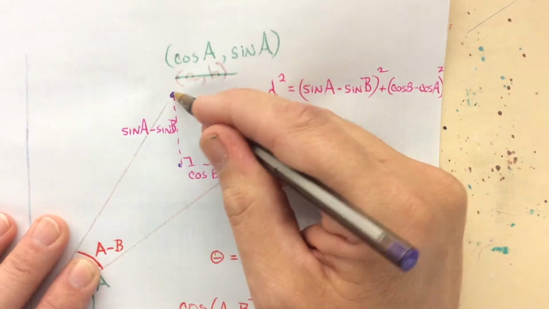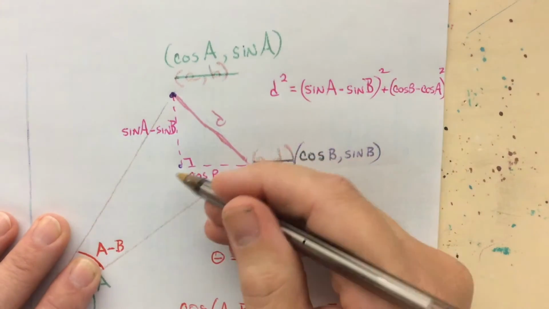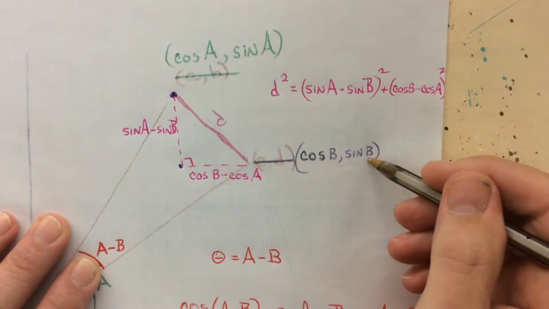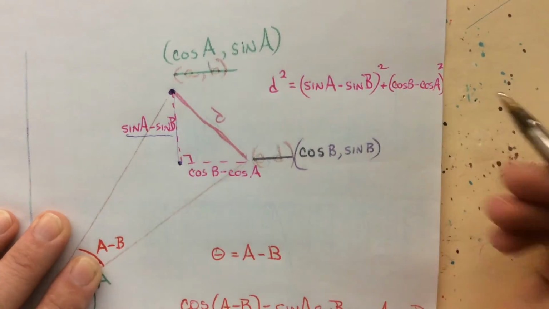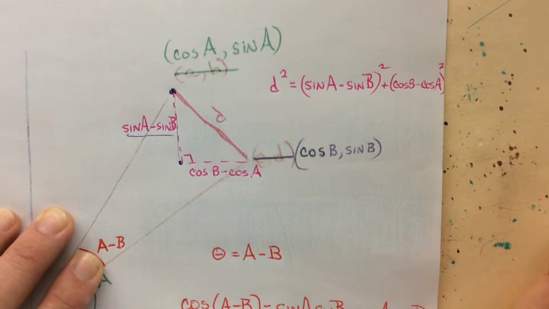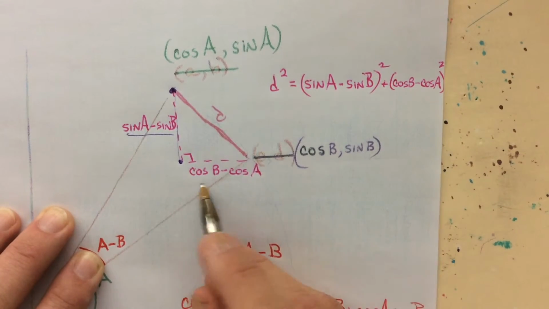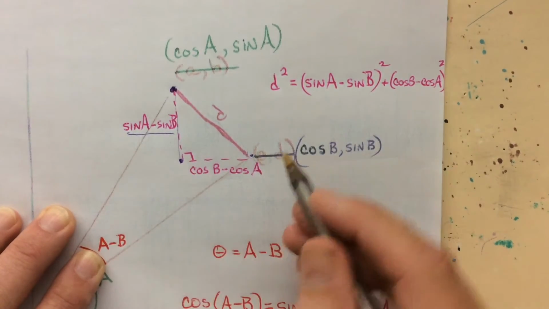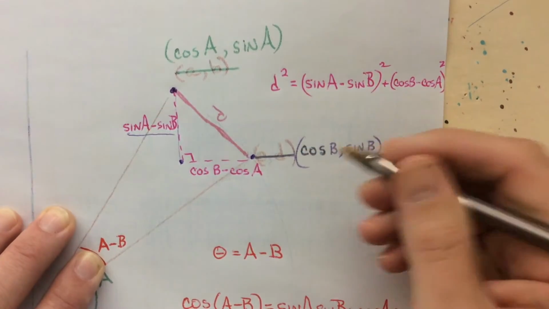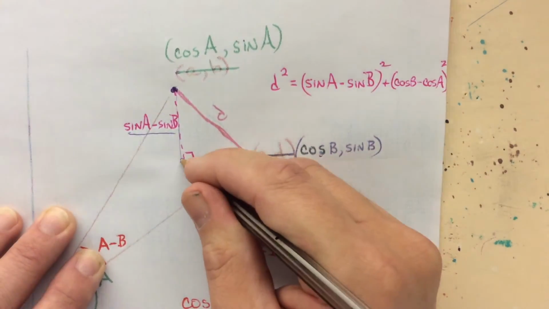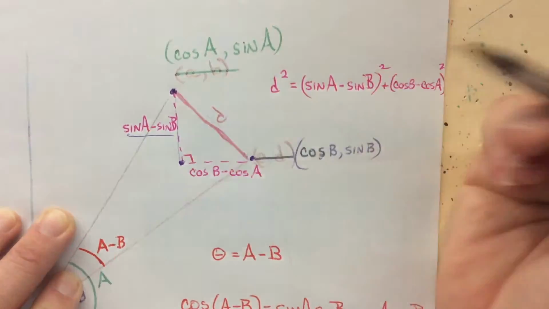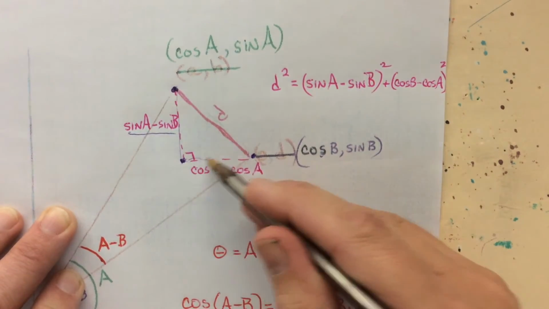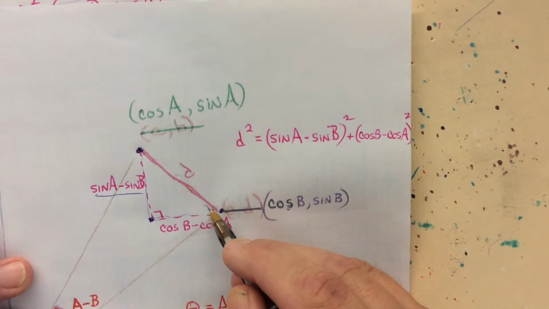The y-coordinate of this point is sine A. The y-coordinate of this point is sine B. So this distance right here is sine A minus sine B. And the distance from here to here, well, the x-coordinate of this point is cosine B, and the x-coordinate of this point here is cosine A. So cosine B minus cosine A will give me this distance.